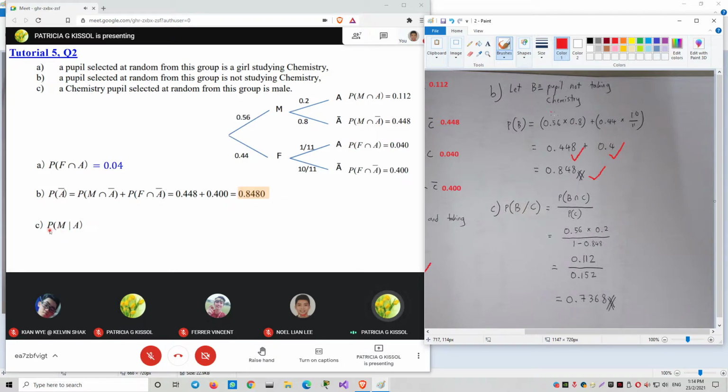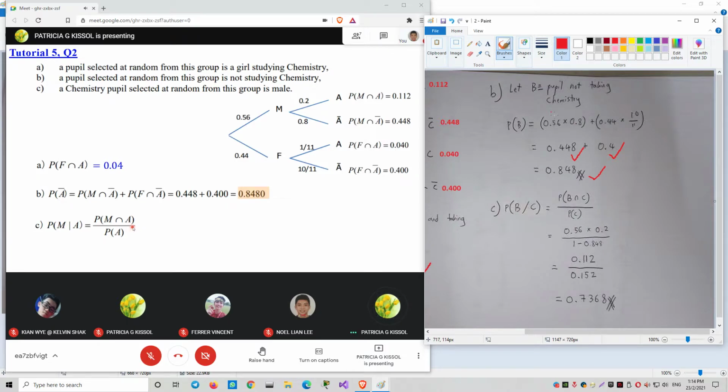So since we want to find the probability of male given that he is a chemistry student, we have to apply the conditional probability. If you remember, the numerator is M, male and studying chemistry, divided by what follows the given, that will become your denominator, meaning the probability of A. This is the formula that I informed you guys about during chapter 3.